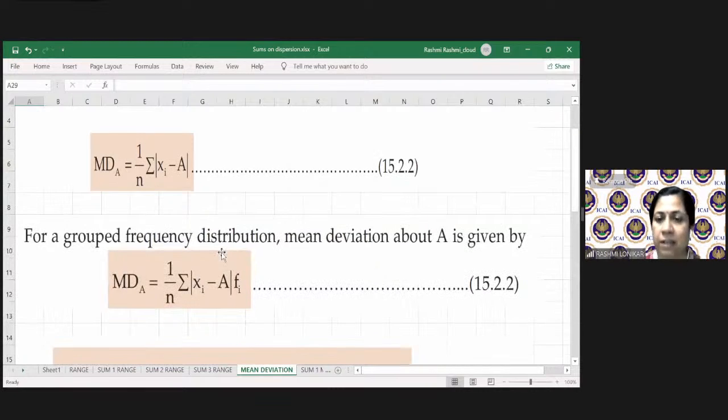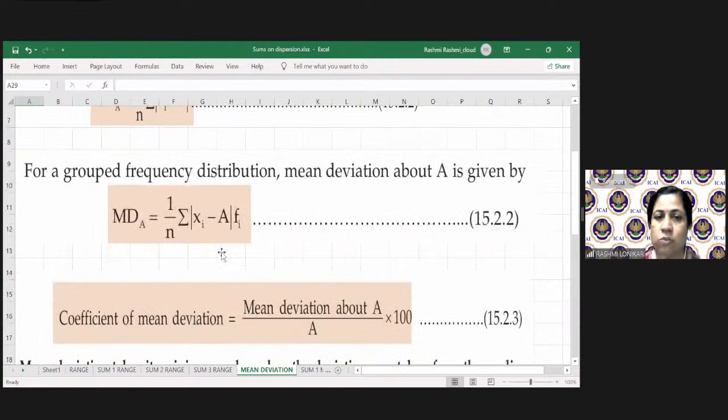But if I have a frequency distribution where I have a frequency also and a class interval, in that case the mean deviation about the mean will be equal to 1 upon n summation of the absolute value of xi minus a, into fi. What is xi?